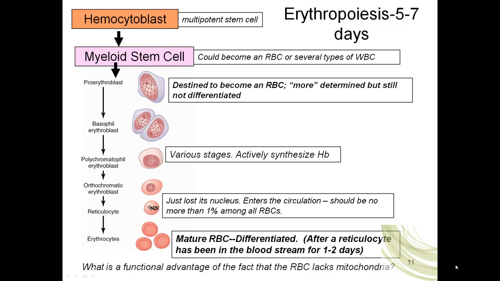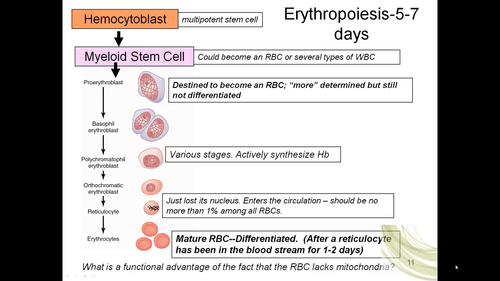So that's an advantage to the tissues of the body, that the red blood cell lacks mitochondria, but it's a disadvantage to the red blood cell because now it's going to have to use anaerobic mechanisms. It's got to use something else to make ATP.